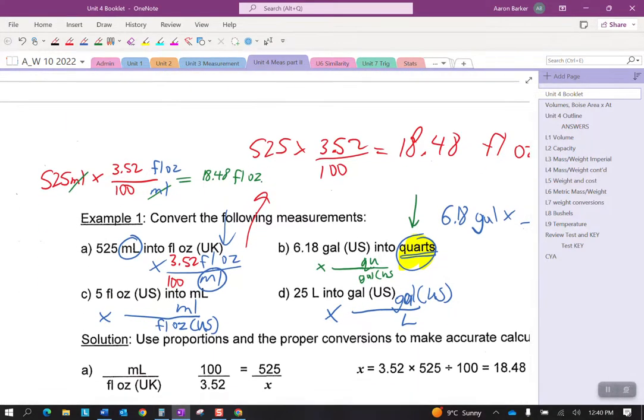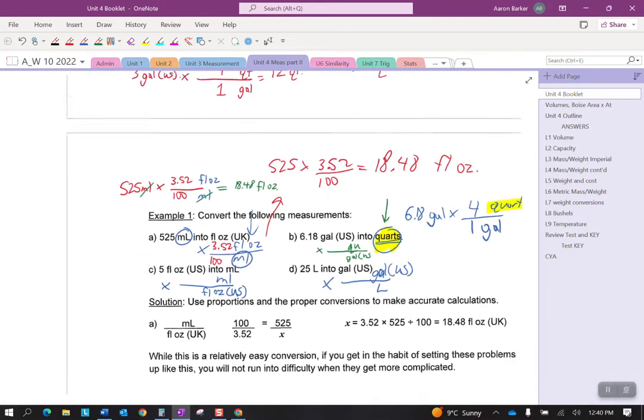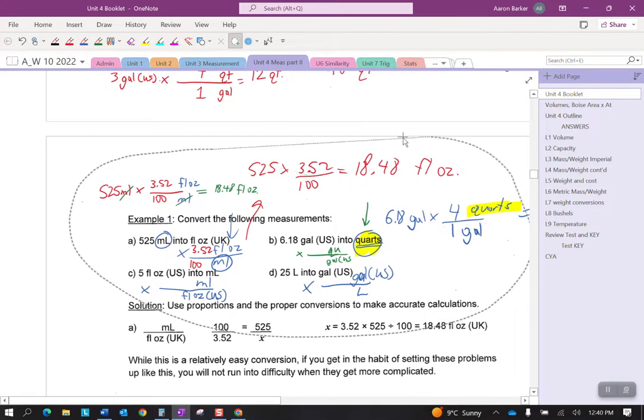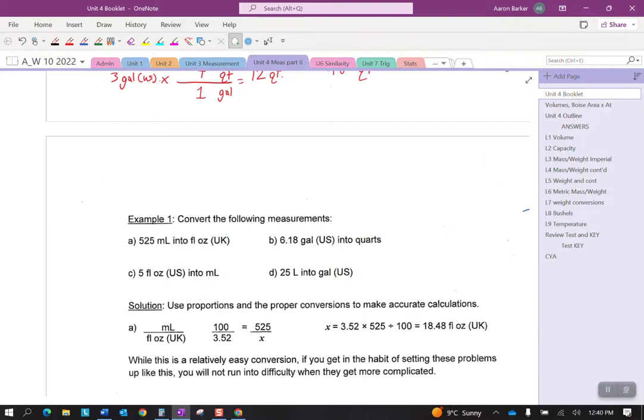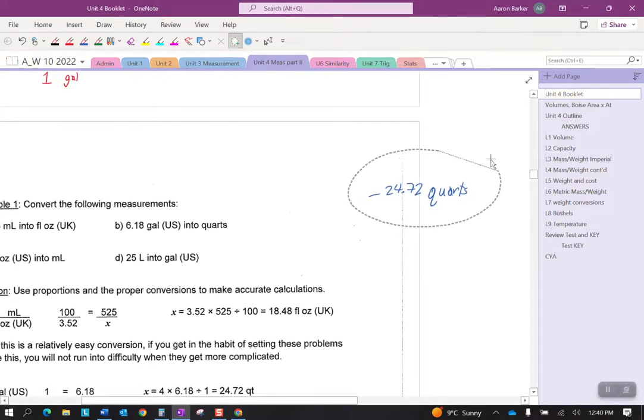So for our homework then, we're going to do a couple examples. Okay, let's do a couple examples here. Turn to the second page. Let's whip through these. So the very first one, you're converting 525 milliliters to fluid ounces.